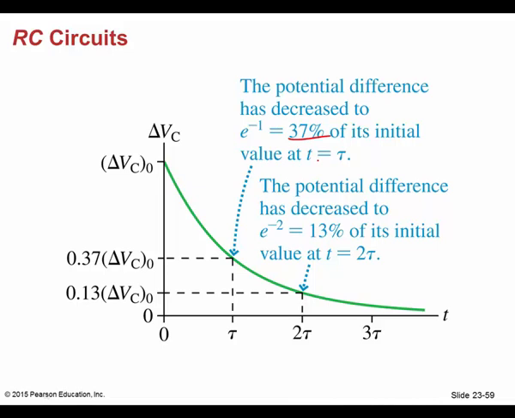Okay, so it has dropped down to 37% of its initial value. After two time constants, notice what it is. And you say, how do you get that? Okay, e to the negative 1 is 0.37 or 37%. e to the negative 2 is 0.13 or 13%. So after two time constants, you can see that the voltage is really getting down there now from its original voltage.